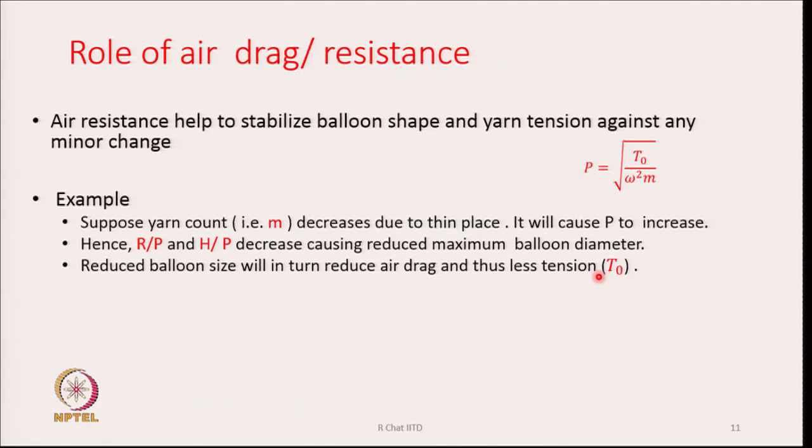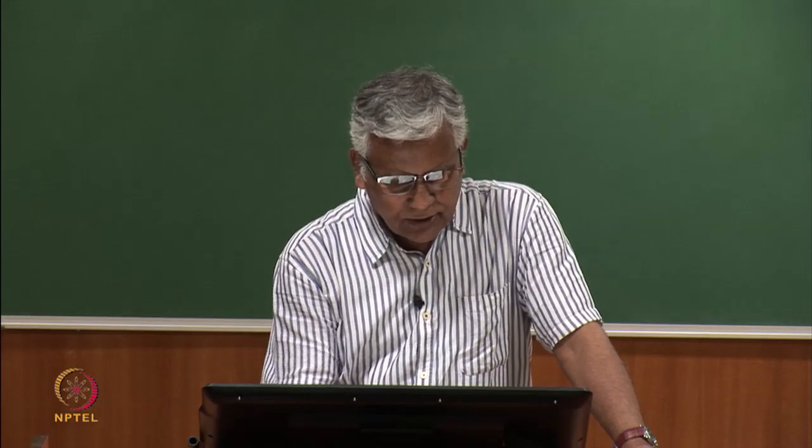So, the length of yarn that exists between the lappet guide and the ring decides the magnitude of the air drag. Therefore, if the size reduces, the air drag will also reduce, and as air drag reduces, the tension T0 is going to reduce.